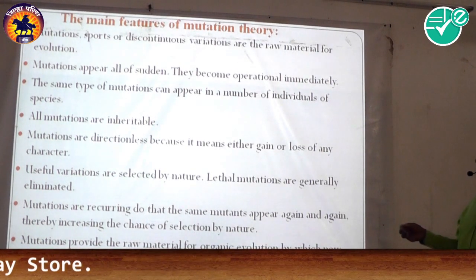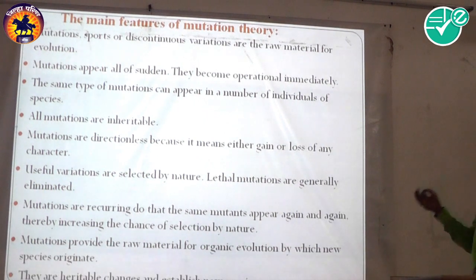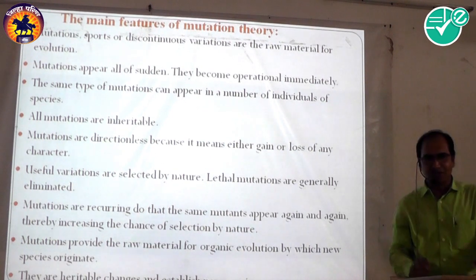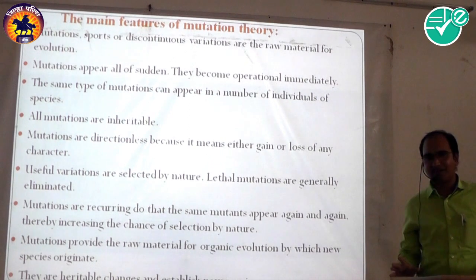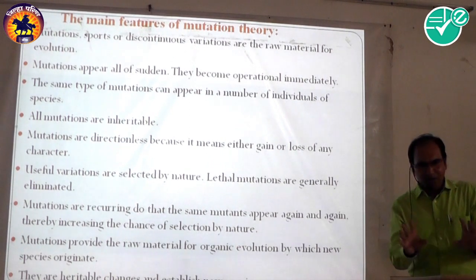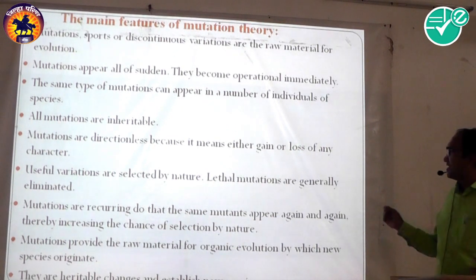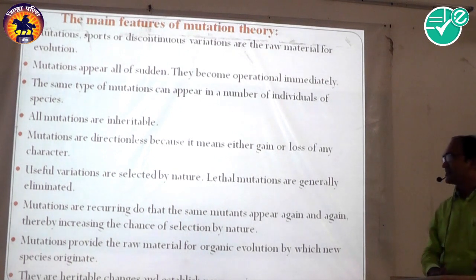Mutations are always directionless because they mean either gain or loss of a character. We cannot predict that this mutation is helpful and that mutation is not useful. So mutations are always directionless. A few mutations give a beneficial character to that organism, but a few cause loss of a character in that organism.